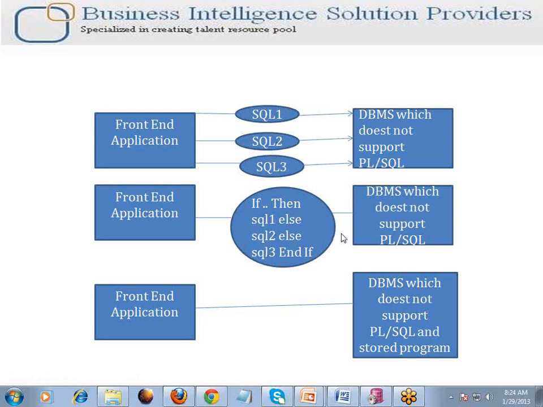This whole block will go to the Oracle DB, and all the requirements written in SQL 1, 2, 3 will be processed only one time at the database side, and the information will be fetched back to the front-end application. So the IO will be only once. It will hit the database only once, not thrice or twice, like in the first example.